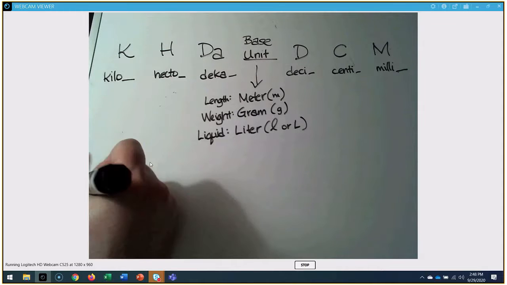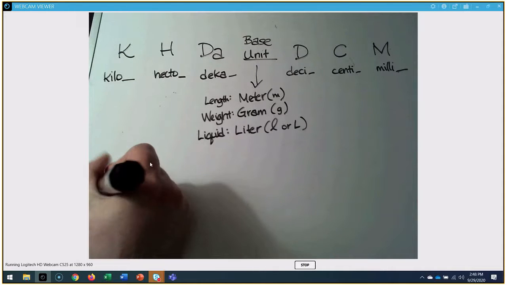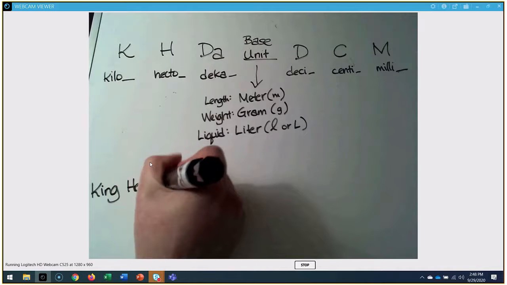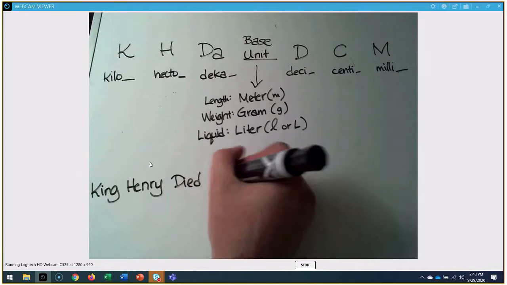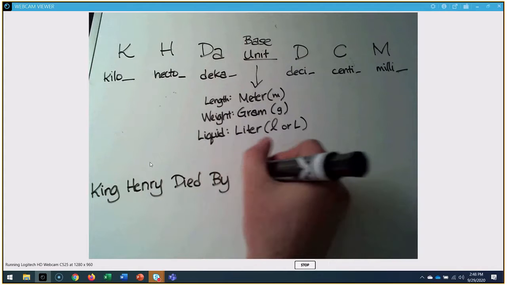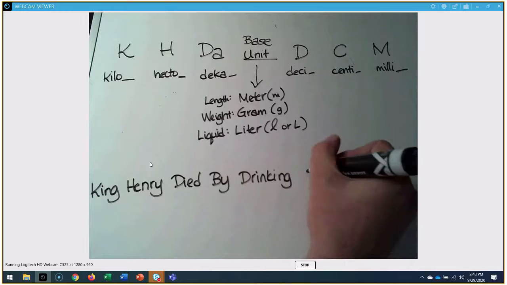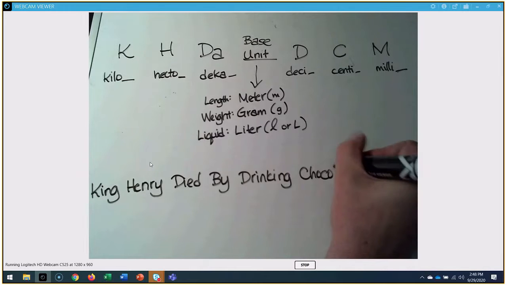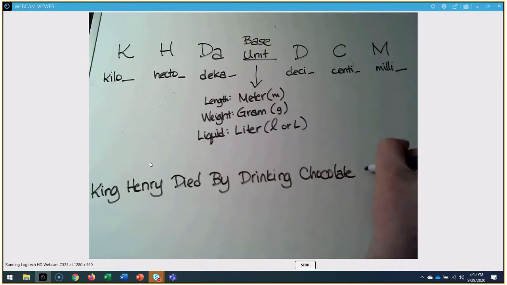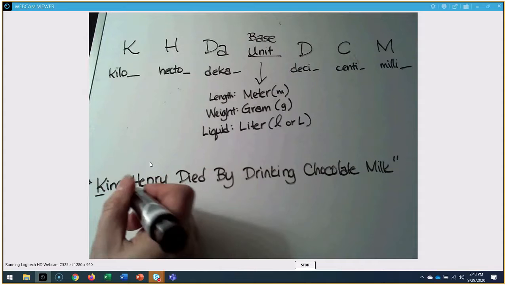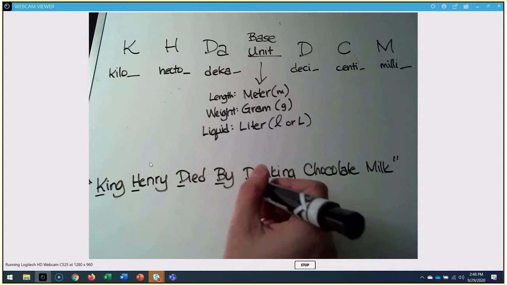Also, hold on. This is a little saying to help you remember. If you can remember this little saying, you'll have the metric prefix line ready to go.